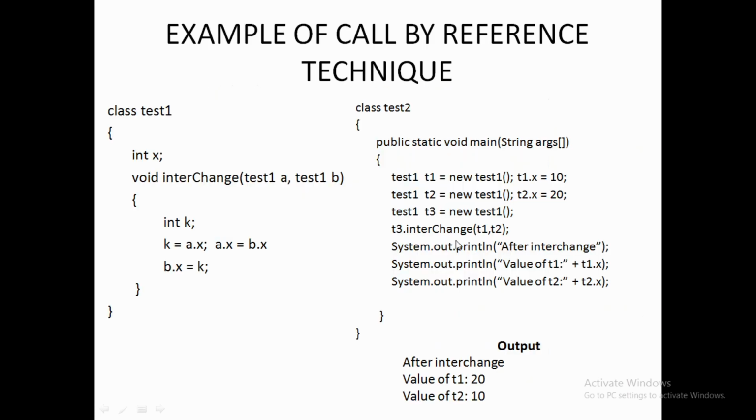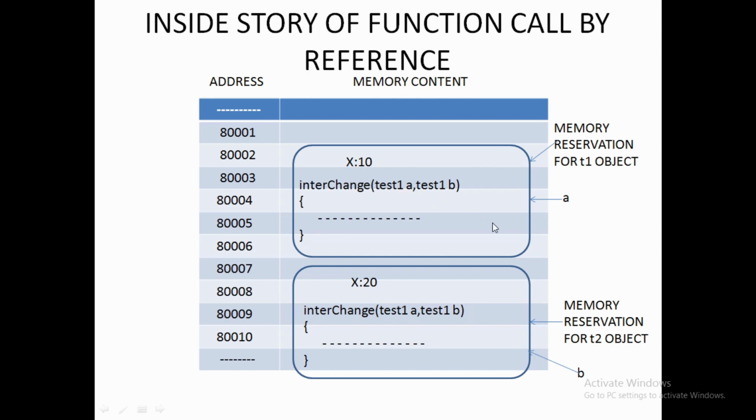Now whenever we pass these two objects into the interchange function, which has two object references of the same class to which T1 and T2 belong, that is test1, after this function call occurs, both A and B start pointing to the same memory locations as T1 and T2, as you can see in this picture.